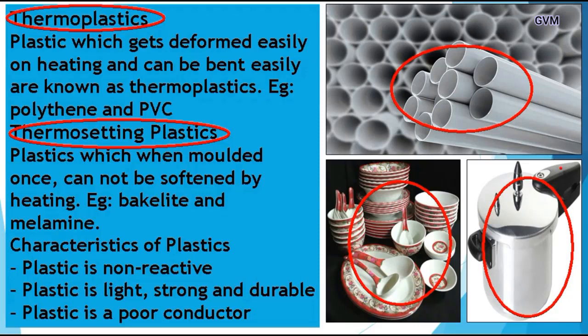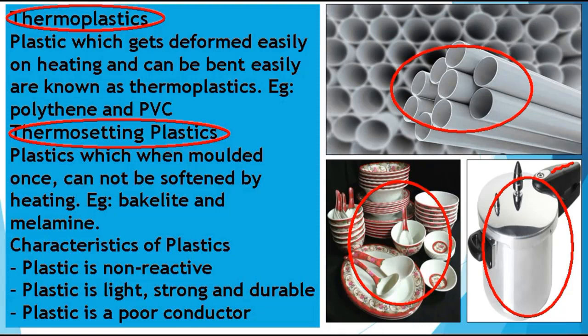As you can see here, the handles of the pressure cookers, the blackish structure over here, is bakelite. And now you can understand why bakelite is used as handles in our cooking utensils, because it is not molded, and it can prevent us from being burnt.